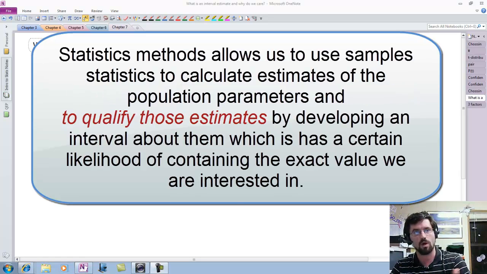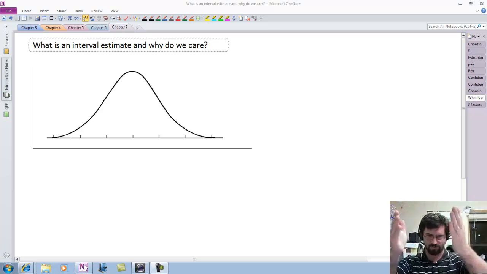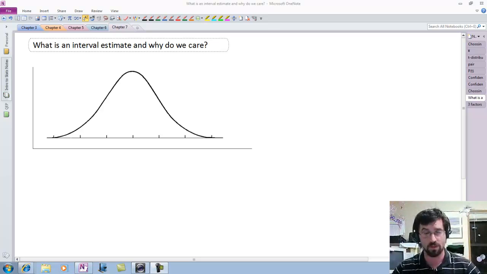It allows us to qualify them and calculate an interval about them so that we're not just saying, here is what the sample says, and therefore, because the sample says this, it must be true about the population, because we know that's not true. Rather, we say, here's what the sample says, and therefore, it must also be true that the population is in the ballpark of that number.